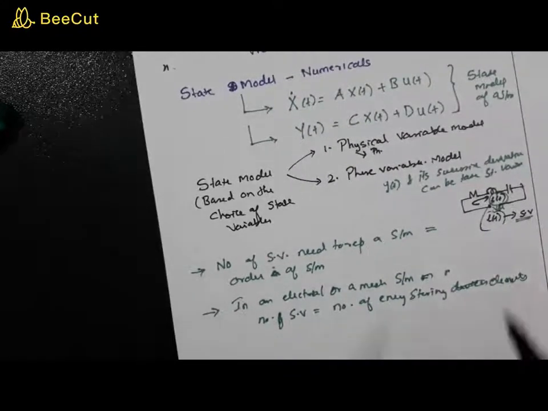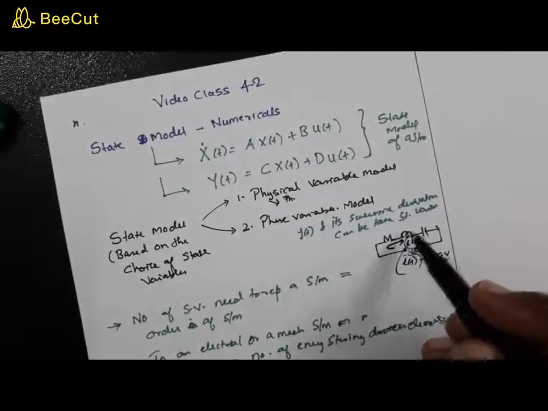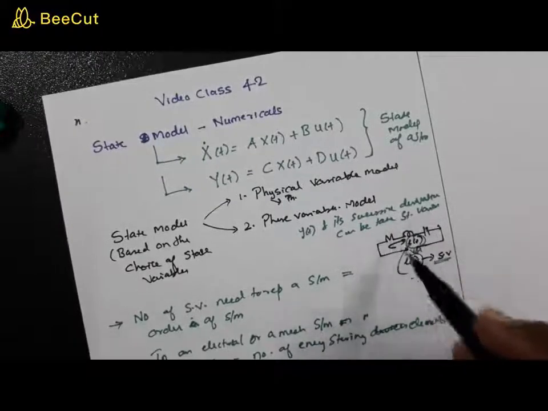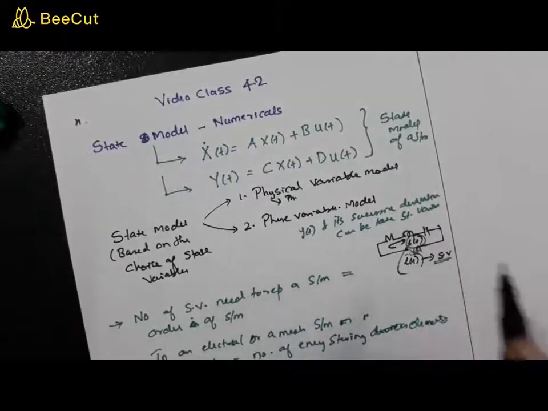For example, in this circuit you have two energy storing elements, an inductance and a capacitance. So obviously this particular system can have two state variables.